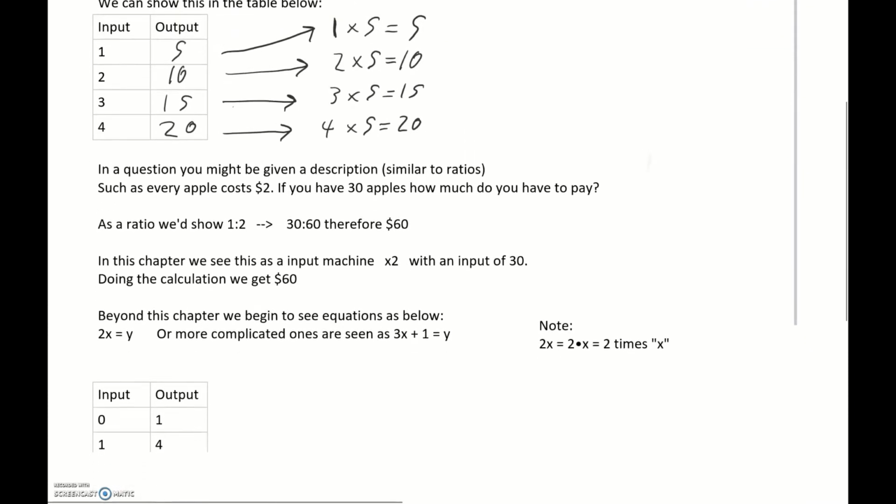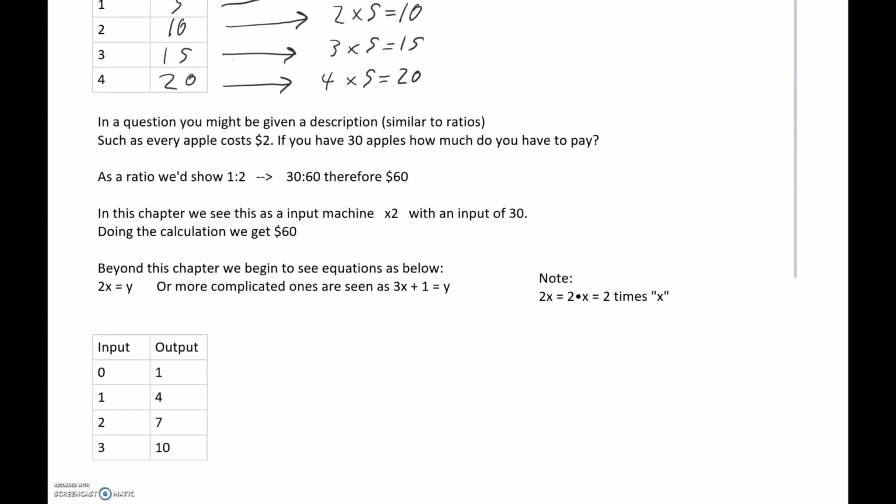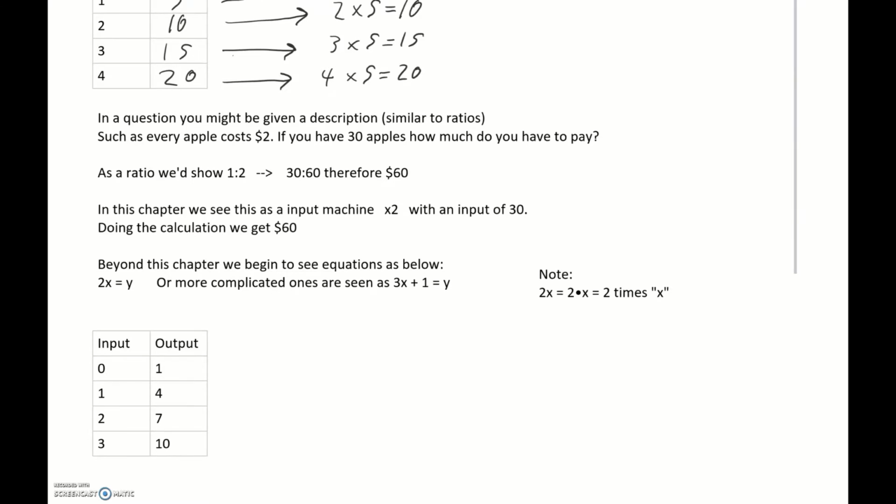Now you might be given a question similar to this one below, like in ratios: every apple costs $2. So if you have 30 apples, how much do you have to pay? Well, as a ratio, we'd say for every 1 apple it is $2, and this is our ratio.